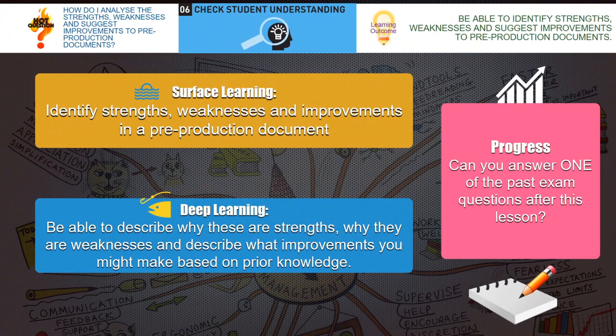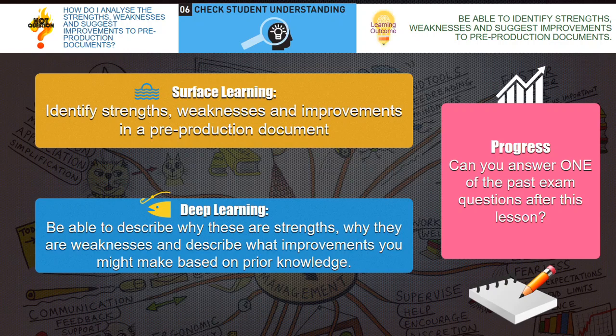So, to go over what we've looked at today, we should now be able to identify strengths, weaknesses, and improvements in a pre-production document. You should be able to write this as a written evaluation. You should be able to describe why these are strengths, why they are weaknesses, and describe what improvements you might make based on prior knowledge.